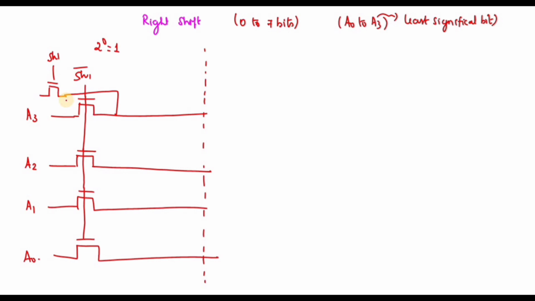So it is shifting to the right. Similarly, if sh1 is 1, the a3 value will reach the next position.